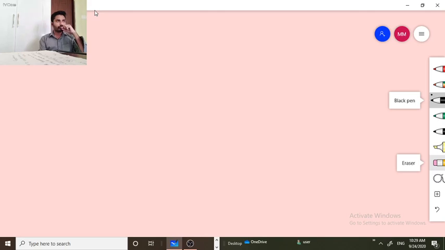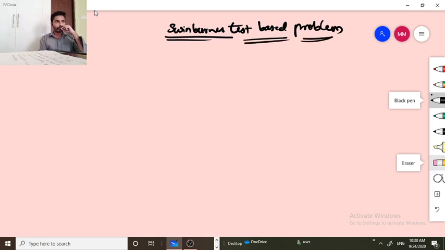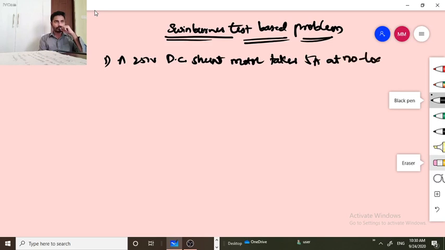Okay, so now Swinburne's test based problem. A 250 volts DC shunt motor takes 5 amperes at no load.